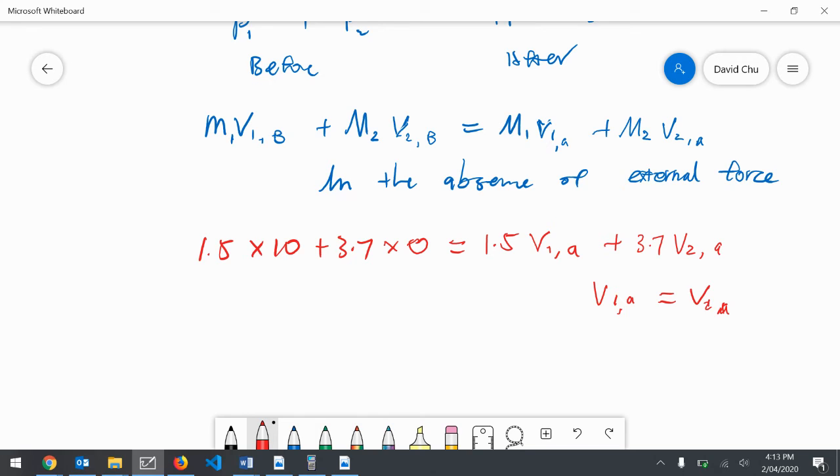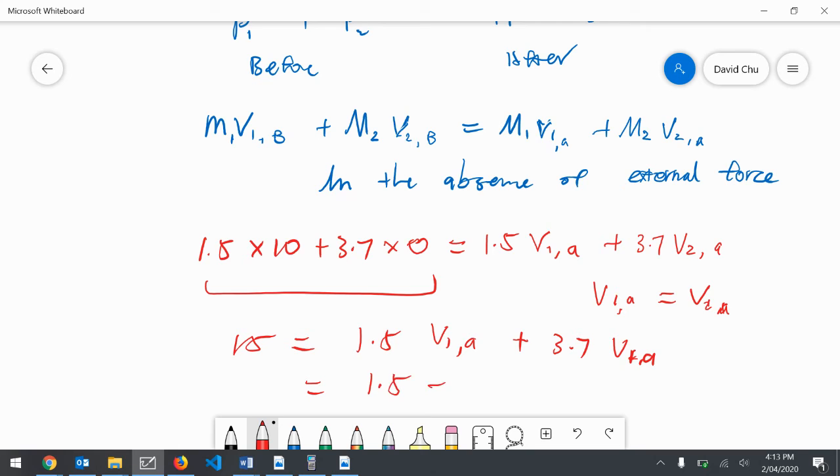So I can simplify, and I'm going to calculate the left-hand side here. I've got 15 equals 1.5 v1a plus 3.7 v1a. And since they are like terms, I can say 1.5 plus 3.7, all times v1a.